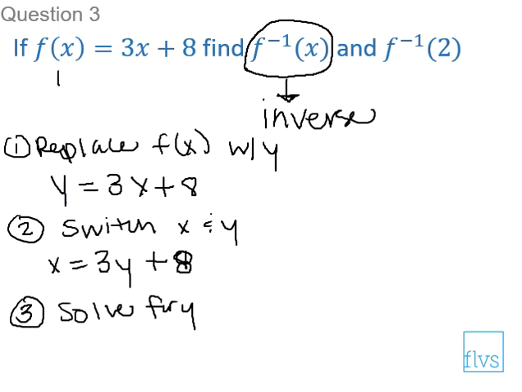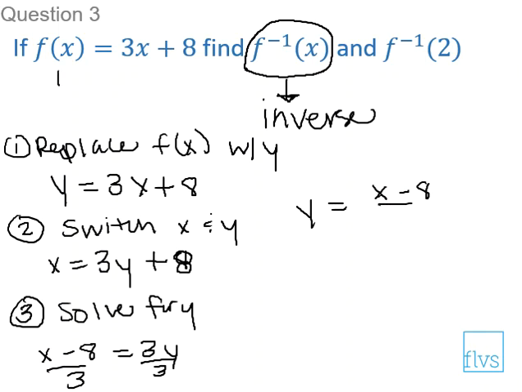To do that, we have to move the 8 to the other side, and we do that by subtracting. Then we solve for y, so we're dividing by 3. So y equals x minus 8 over 3. And now to make sure we know it's an inverse, we replace it with f negative 1 of x instead of y.